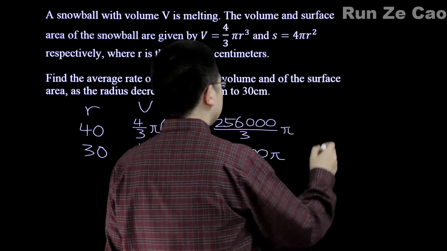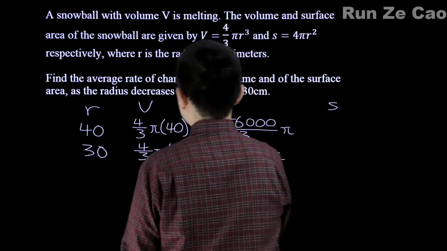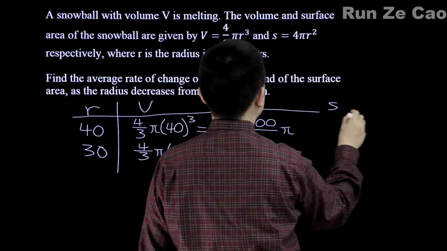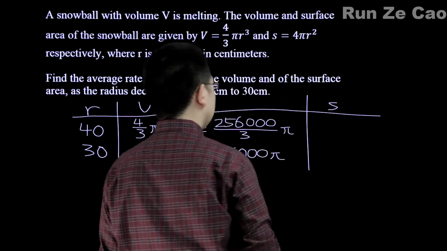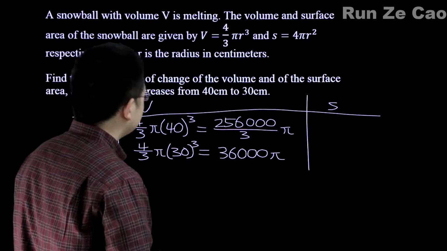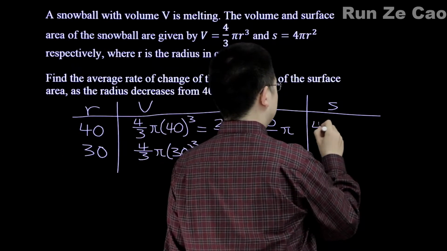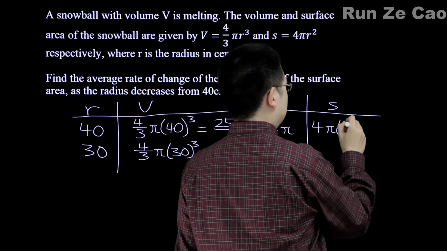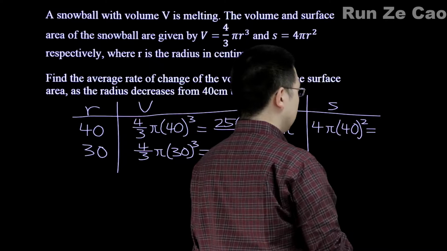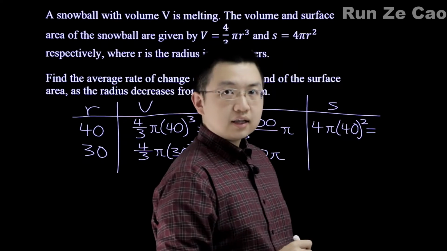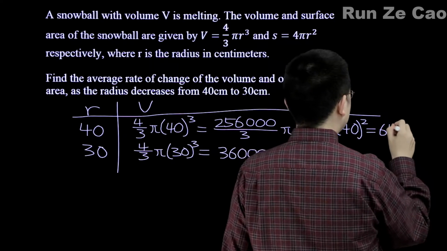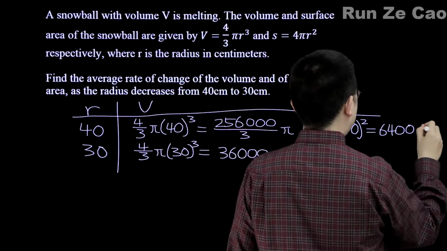Now, the surface area, we should make it clear that this is a table, just in case anybody didn't quite notice yet. So 4 pi r squared, that's 4 pi 40 squared. This is equal to 40 squared is 1600 times 4, we get 6400 pi.